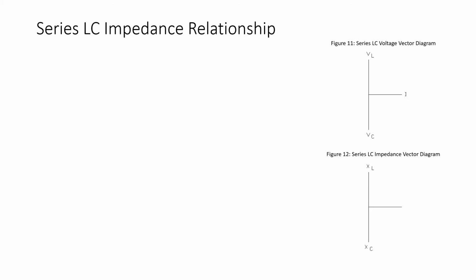Now, it's easier to illustrate this phase difference between capacitor and inductor voltages using a vector diagram. Recall from figure 10 that the inductor voltage happens 90 degrees ahead of current.